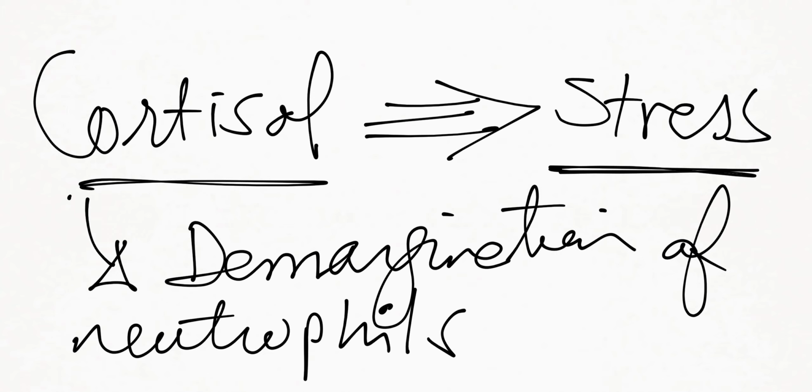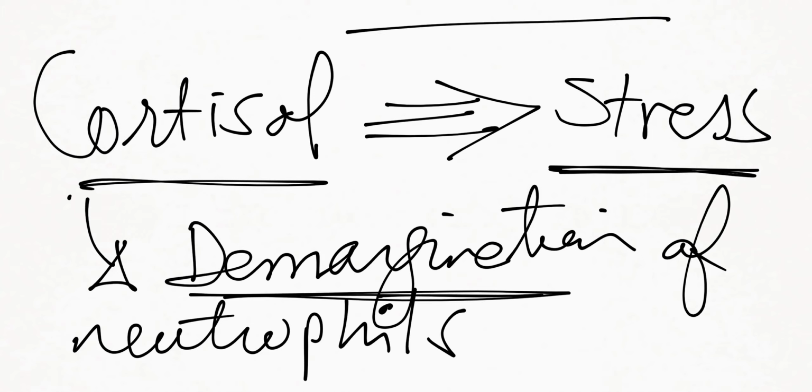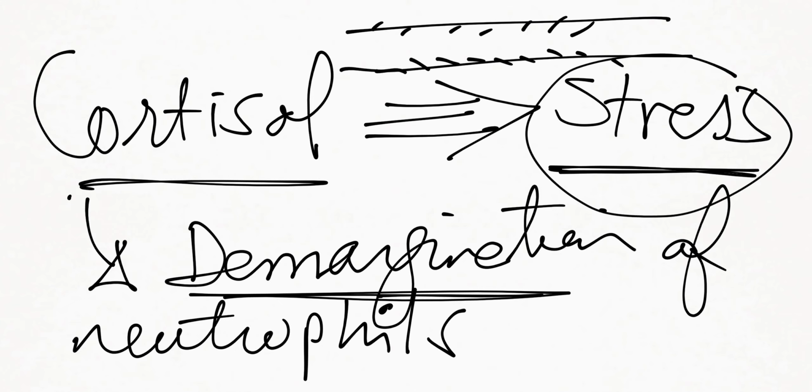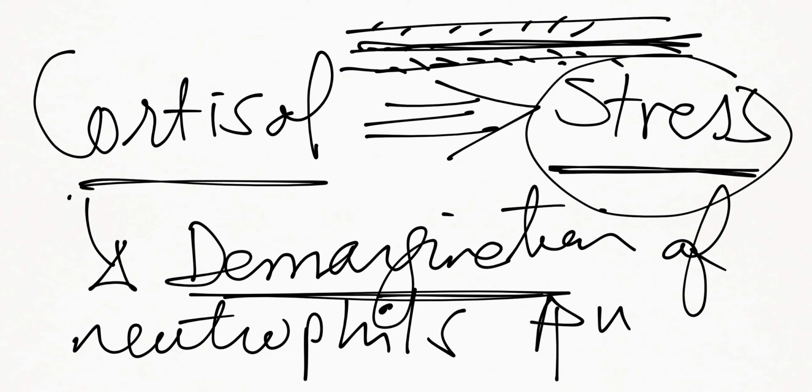Because the human being is always vulnerable to infections, there are many neutrophils at the margins, invisible in these areas. The stress response leads these neutrophils to get into the stream, not attached to the endothelium. And when you check the WBCs, you will find that there are high WBCs with neutrophilia.